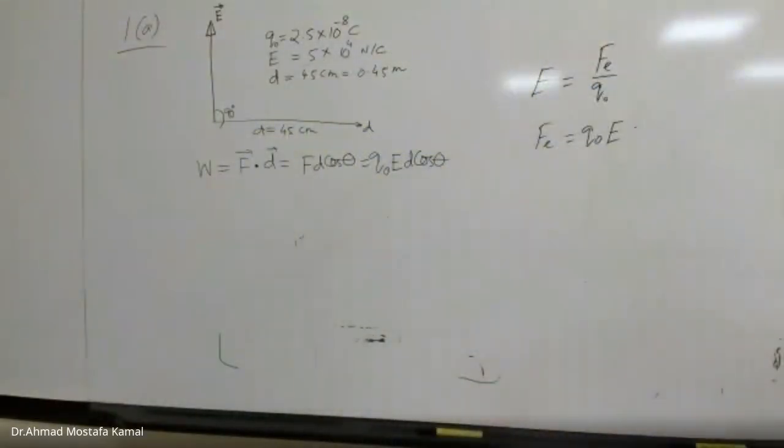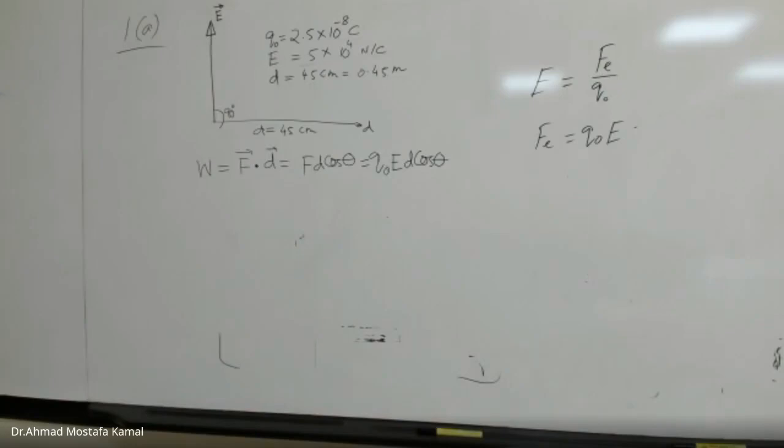Since it is done, let's go for the second problem. In the second part, it is said 80 centimeter downward. That means the charge is moved 80 centimeter in the downward direction. Again, everything is given, Q naught, E and D, but theta is needed.